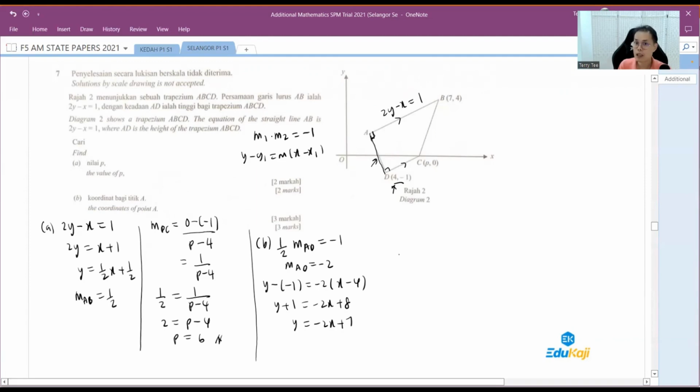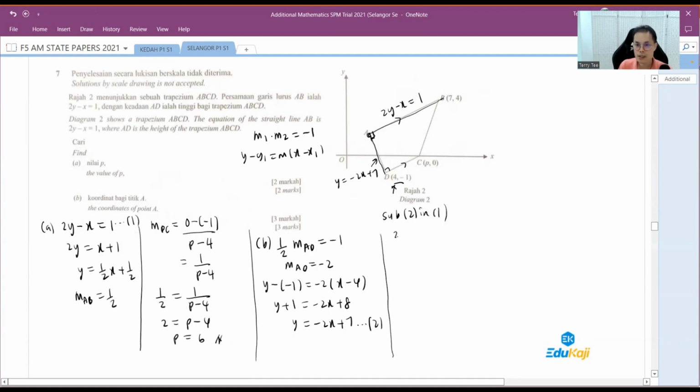If I know this equation and this equation, both of them meet at point A. To find the point of intersection, I have to solve them simultaneously. Let's call this equation 1 and this equation 2. Let us substitute equation 2 into equation 1.